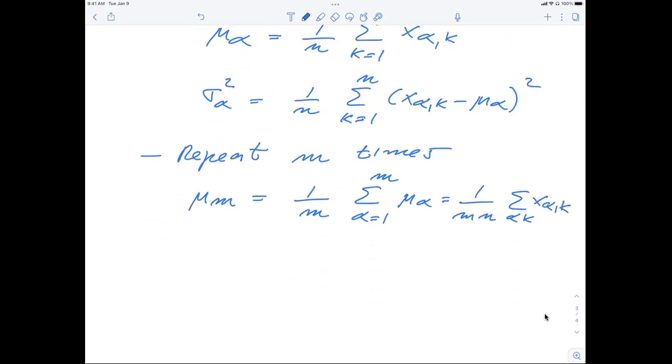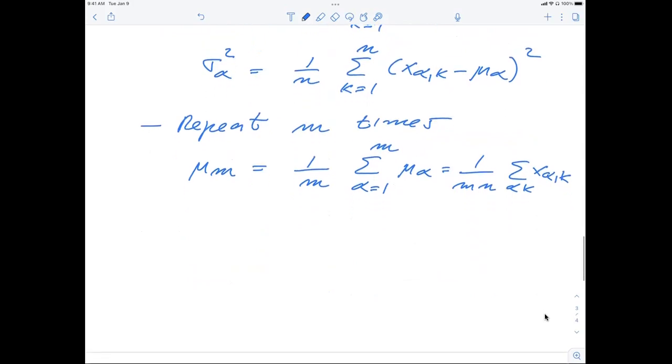This is the way you would actually calculate the mean value from a parallel job of Monte Carlo evaluations. You would simply collect all your data points and calculate the mean value based on the output from m parallel processes.